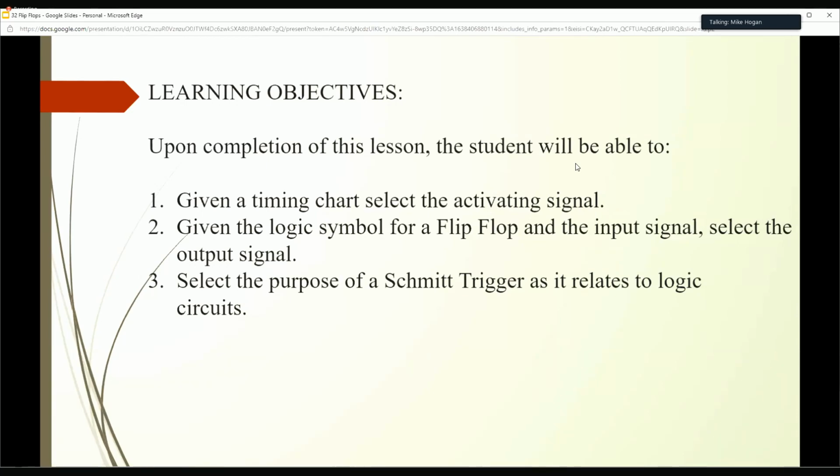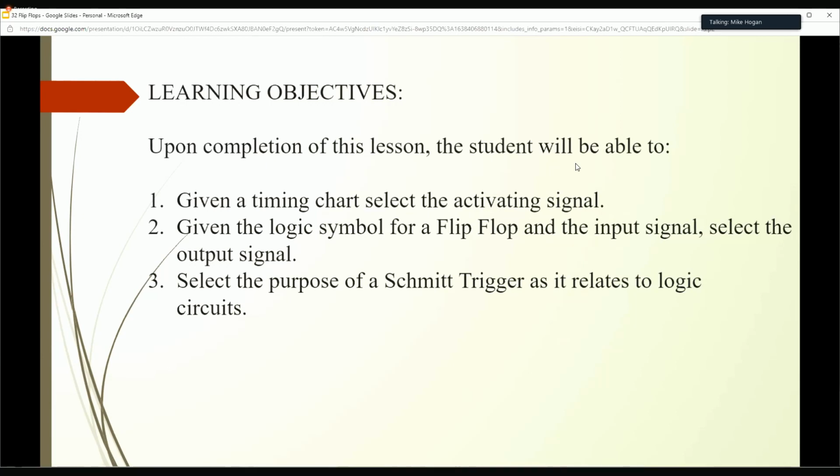A couple of things are a little unique about flip-flops versus gates. First is this notion of a timing chart. We're going to see that these flip-flops have an activating signal, a way of making sure they are timed together, and we'll look at how we trigger them. We'll look at the logic symbols of different types of flip-flops, and go through the input on a particular flip-flop and what it means for the output.